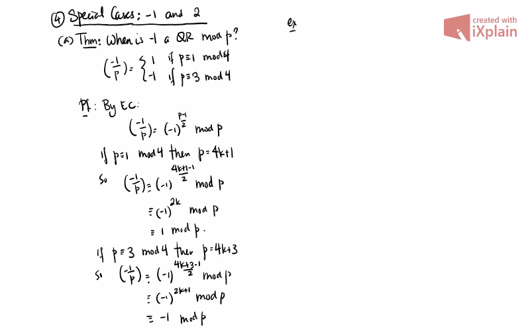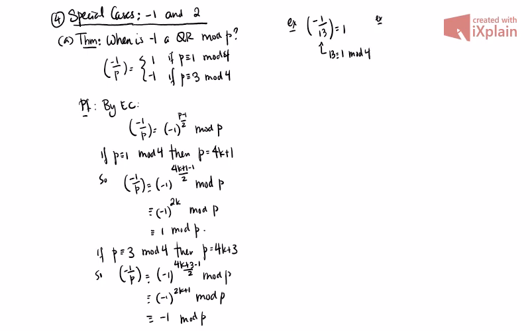Now, just for a simple example, say you want to do minus 1 over 13. You look at the 13 and you go, well, this is a multiple of 4 plus 1, so this is congruent to 1 mod 4. So this is 1.